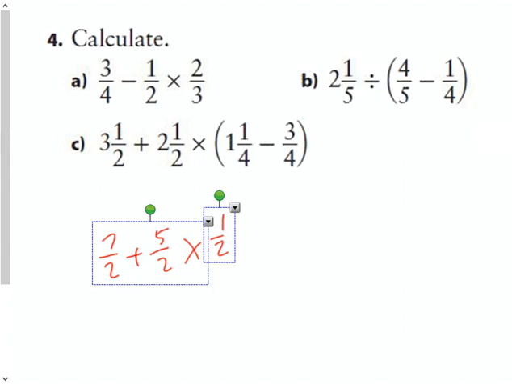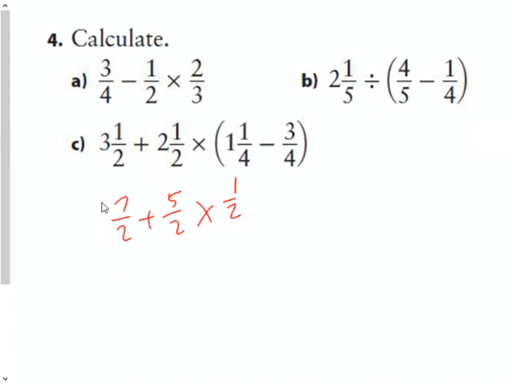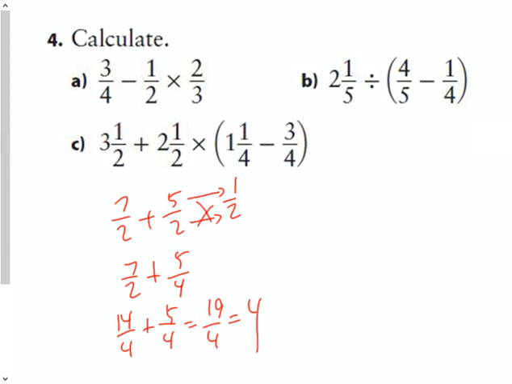Now inexplicably, I think people forget to do BEDMAS still, but the 7/2 plus still stays there. I'm going to multiply 5/1 times 1/2 to get 5/2. Got to follow my BEDMAS. Now you find your common denominator of 4. 14/4 plus 10/4 is 19/4, which is 4 3/4.